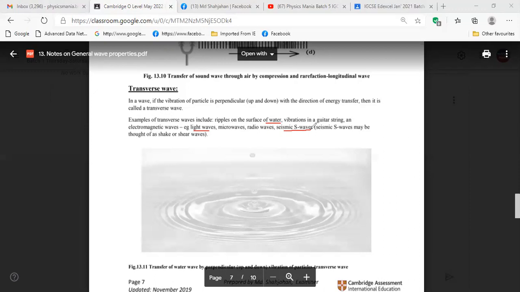Okay. You just write this word, examples: water waves, light waves, seismic S waves. Done? Yes.